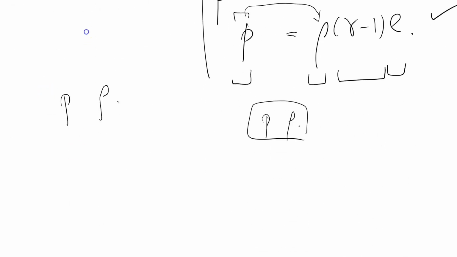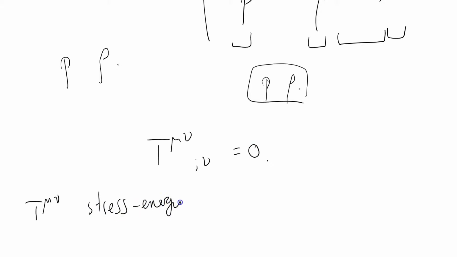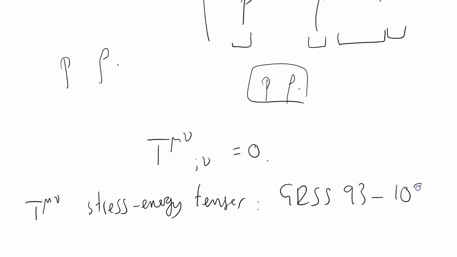The Einstein field equations have got built into them the fact that we've got energy-mass conservation. This thing here is the stress energy tensor, and it's covered in GRSS 93 through 109. It is a complicated and difficult concept, so this is why I'm going through this slowly.